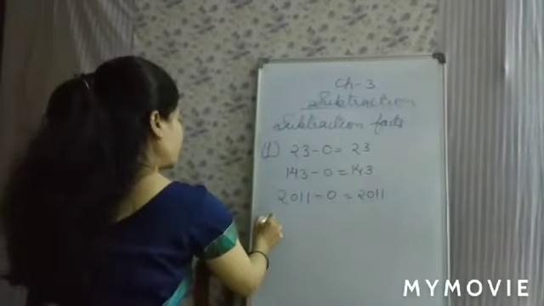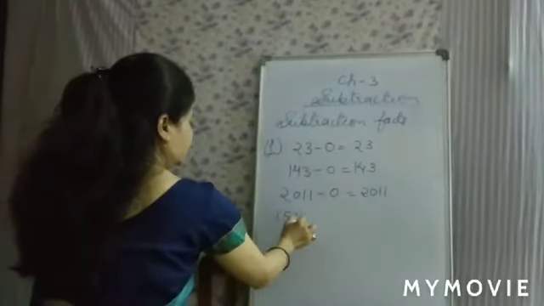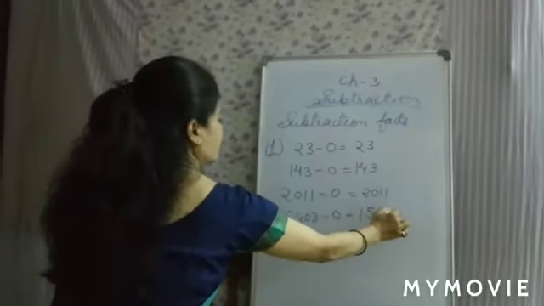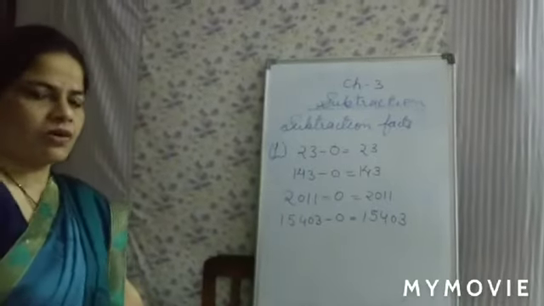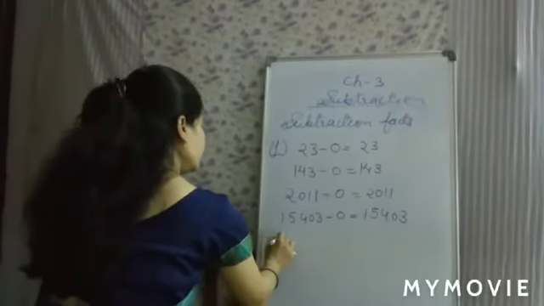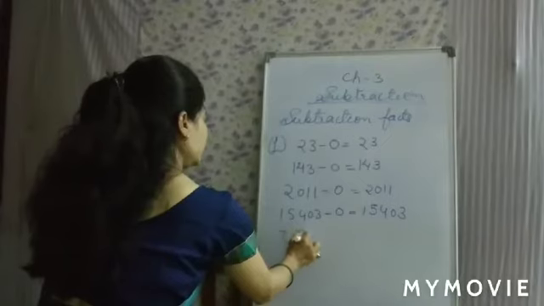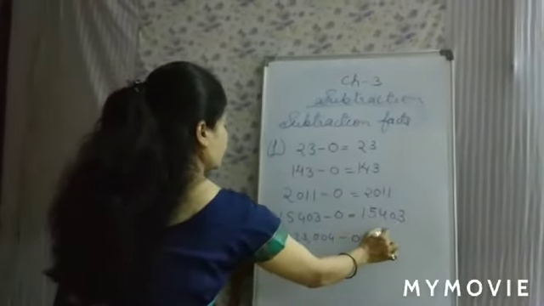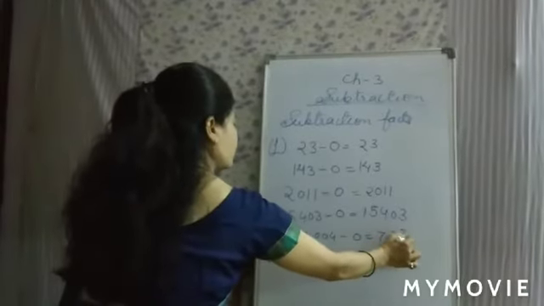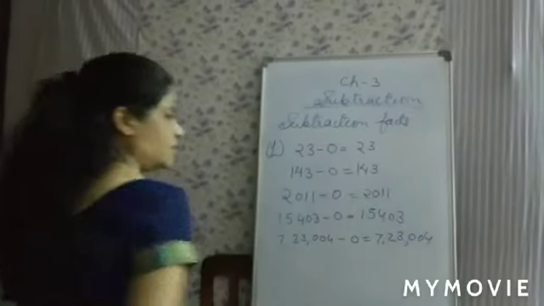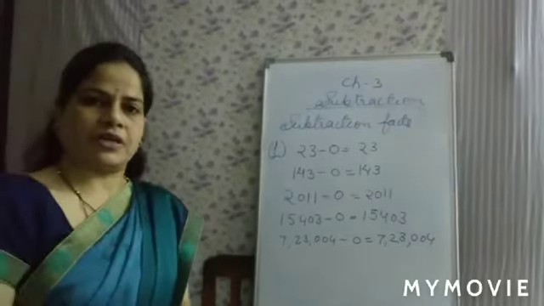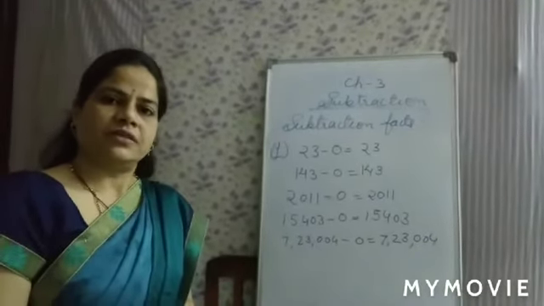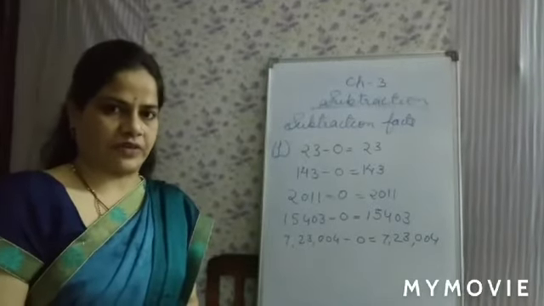Or if we take any 5-digit number, 15,403 minus 0, you will get 15,403. Or if we take a 6-digit number, 7,23,004 minus 0, you will get again 7,23,004. Means if you take any number and subtract 0 from that number, you will get the same number. This is the first fact.